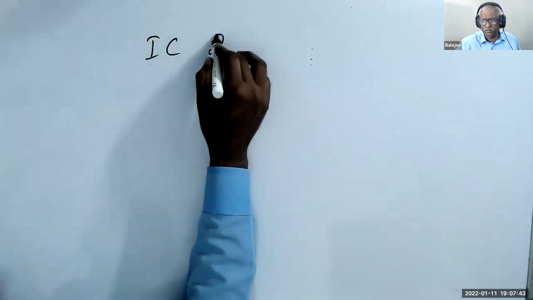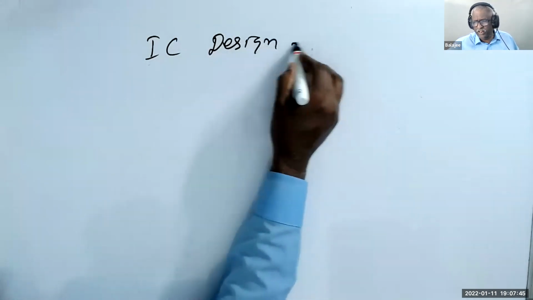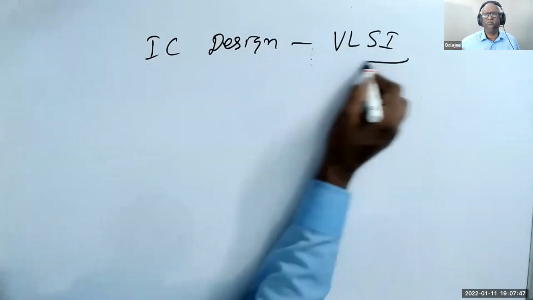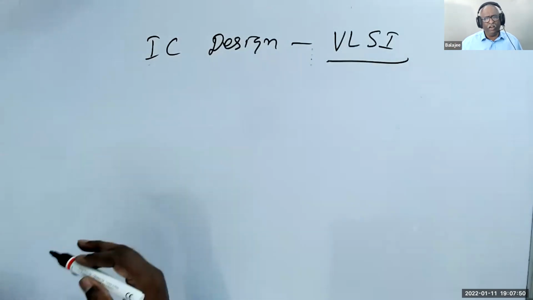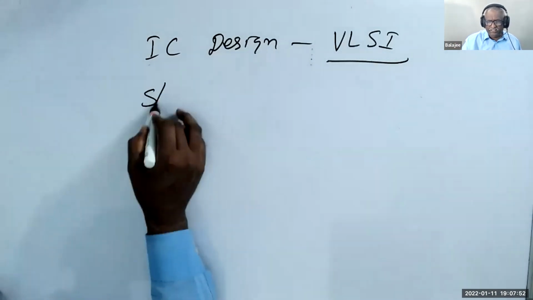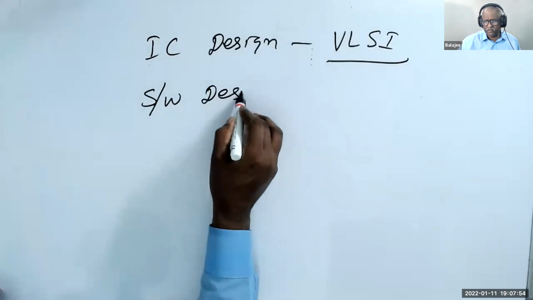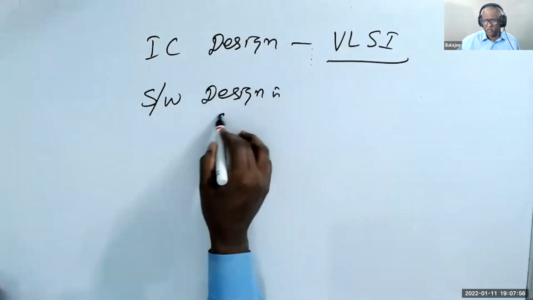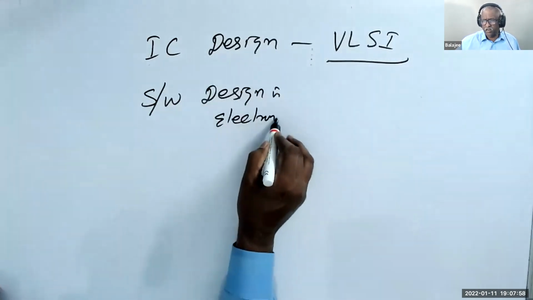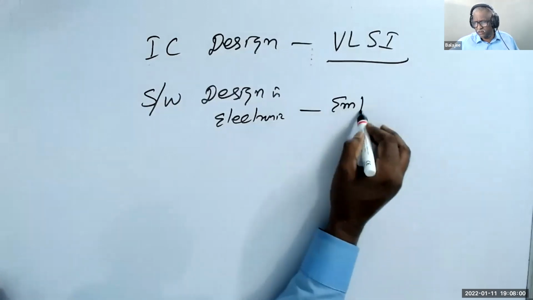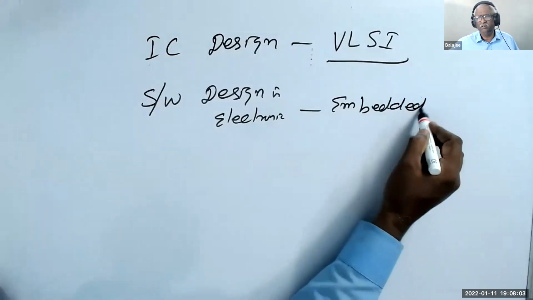That's a field called IC design. That's called VLSI. And what we are discussing is called software design in electronics, called embedded.